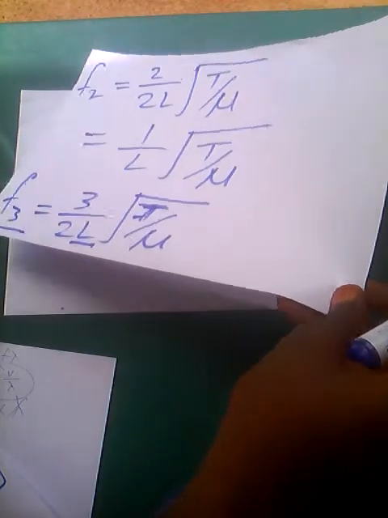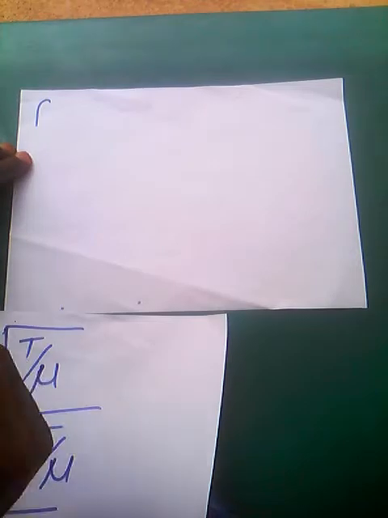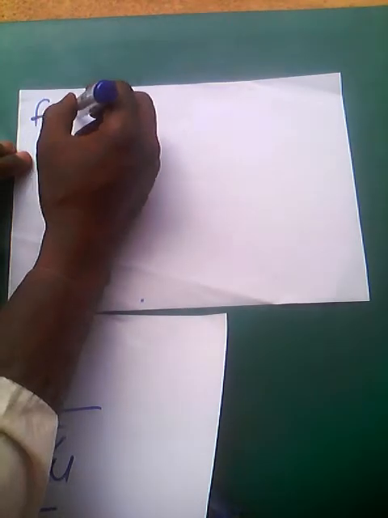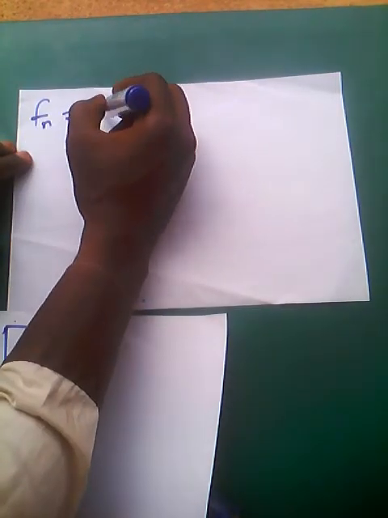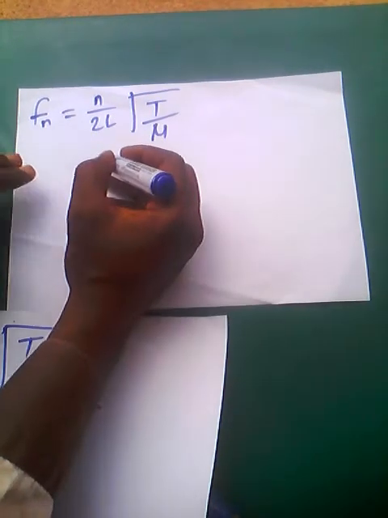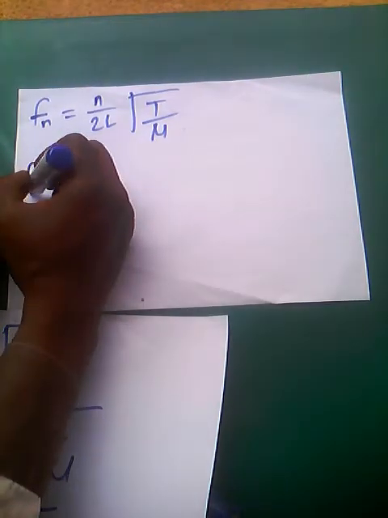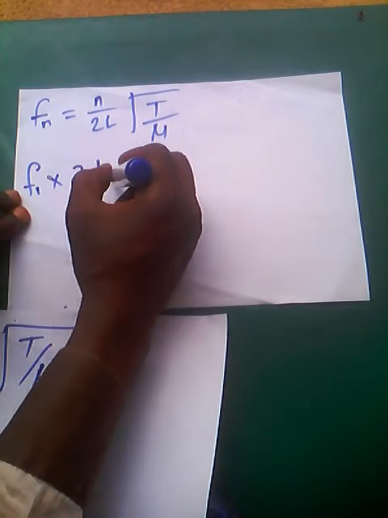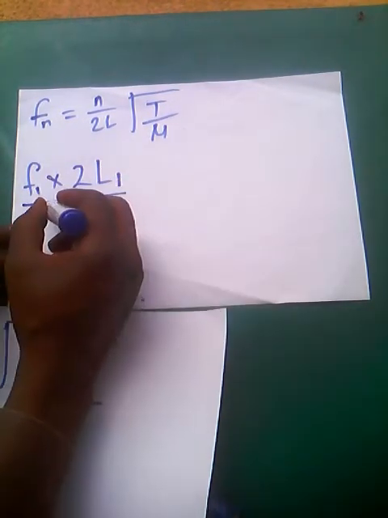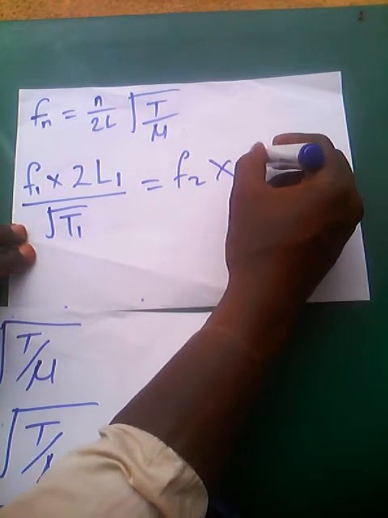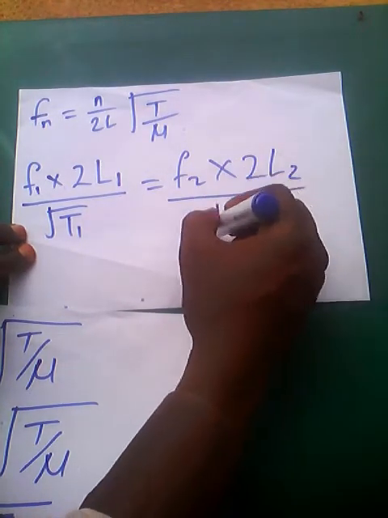Now, let's take the formula. We know that Fn is equal to n over 2L root T over linear density. From that, it is obvious that F1 times 2L1 over root T1 is equal to F2 times 2L2 over root T2.